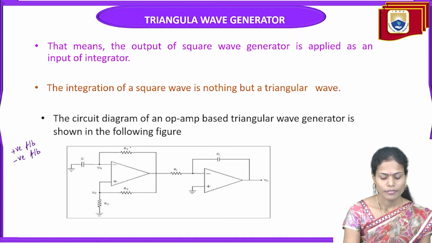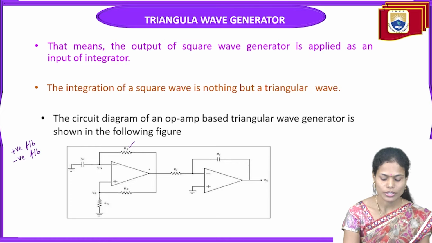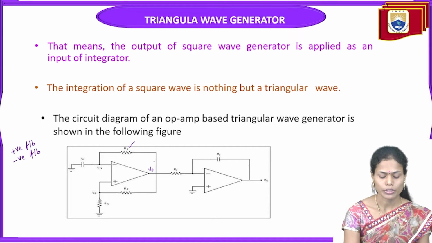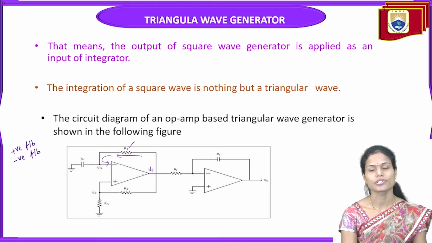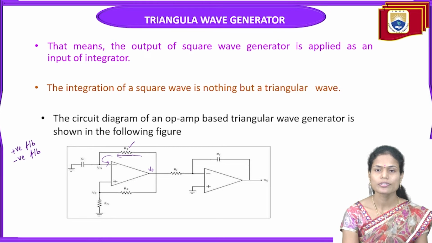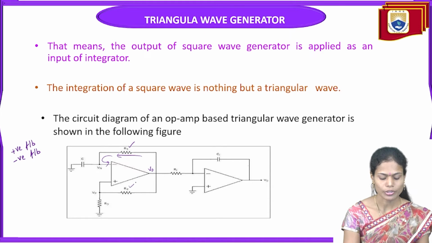Here the first resistance I am taking is R1. Through this resistance R1, some part of the output voltage V0 of the square wave generator is connected to the inverting terminal of the operational amplifier. That is, this R1 resistance is used to provide the negative feedback for this circuit. Similarly, next I am taking the R2 resistance.